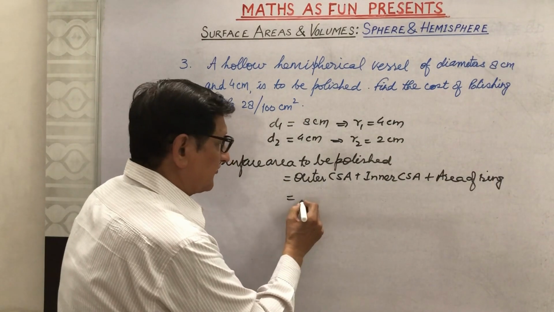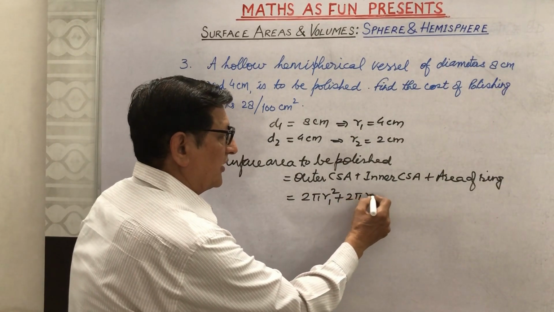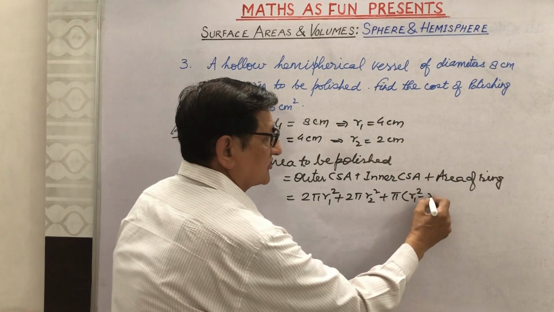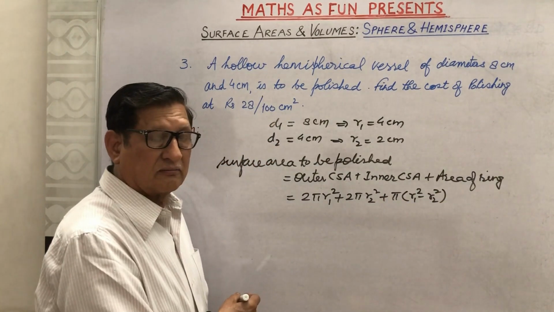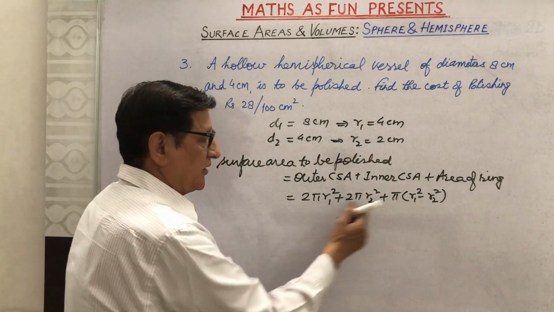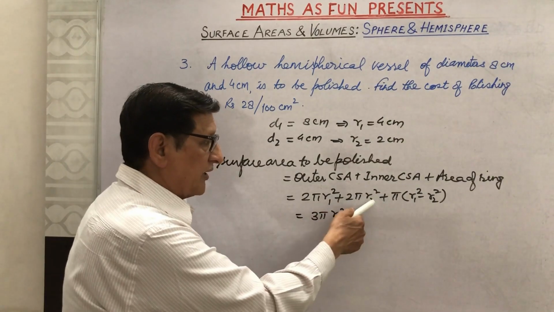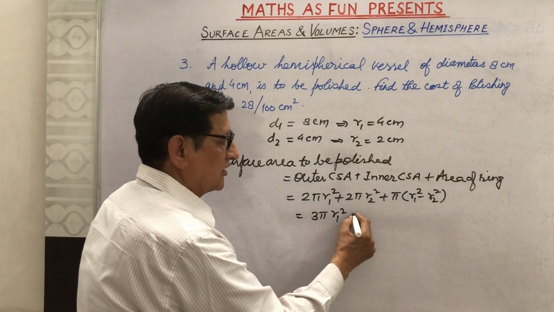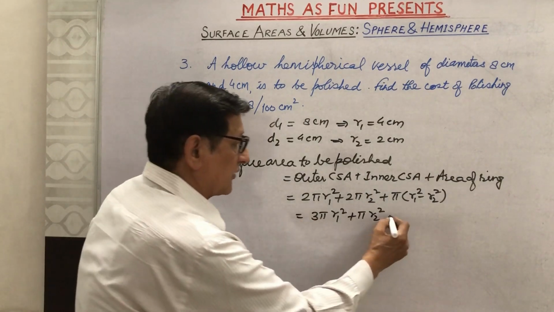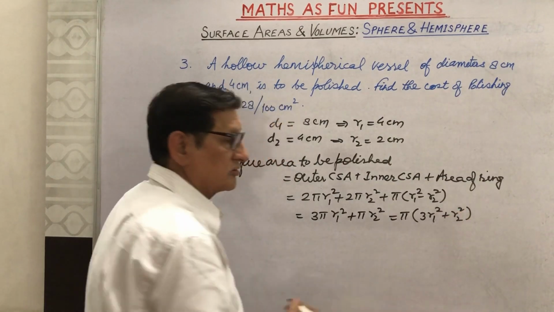We know outer curved surface area is 2 pi r1 square, inner curved surface area is 2 pi r2 square, and the area of the ring is pi into r1 square minus r2 square. When we simplify this, 2 pi r1 square plus pi r1 square will be 3 pi r1 square. 2 pi r2 square minus pi r2 square becomes plus pi r2 square. To make it easy, if we take pi common, this will be 3 r1 square plus r2 square.